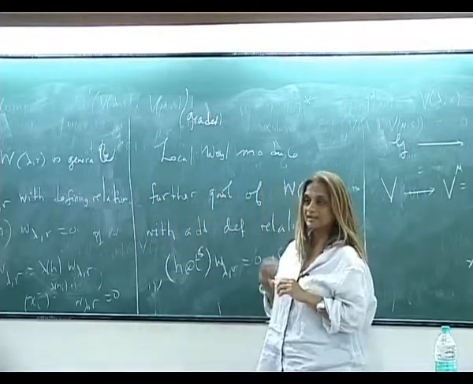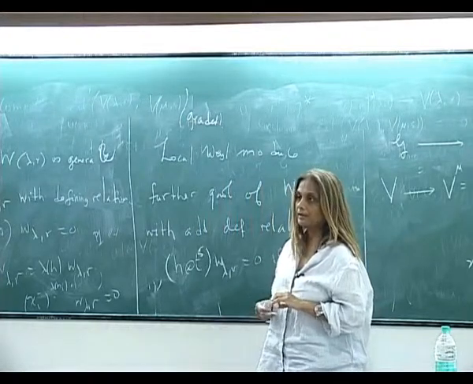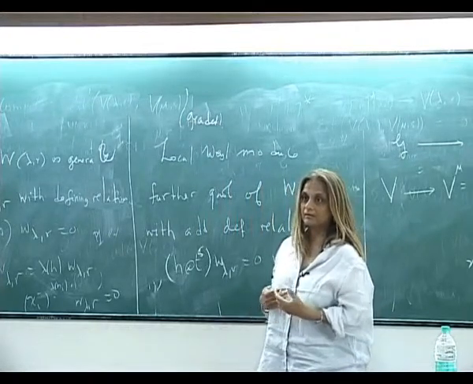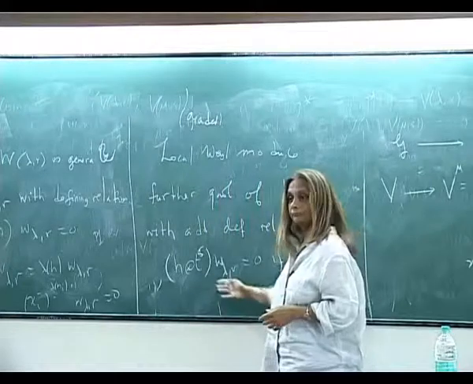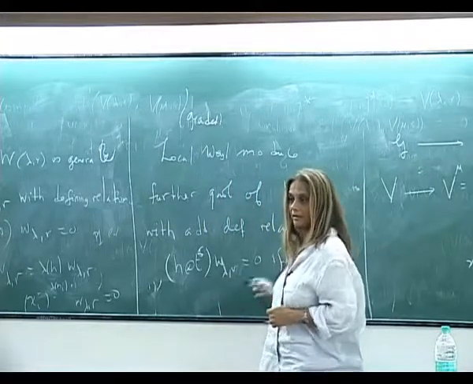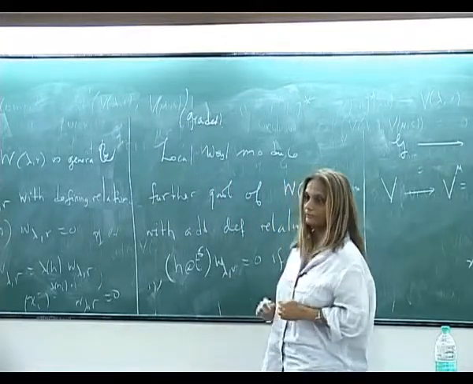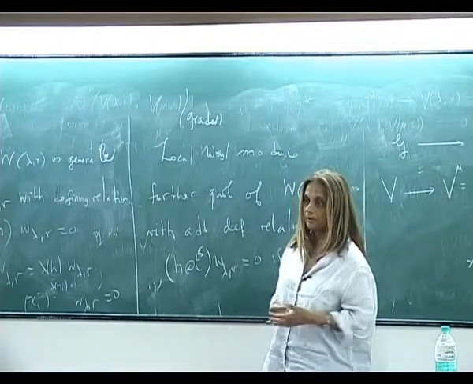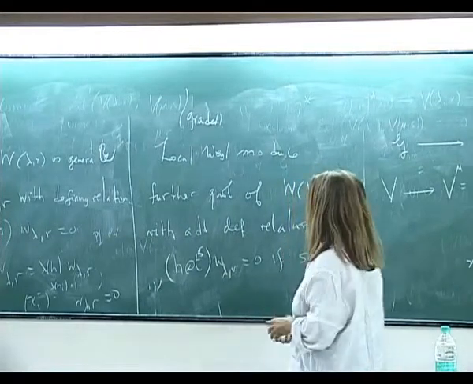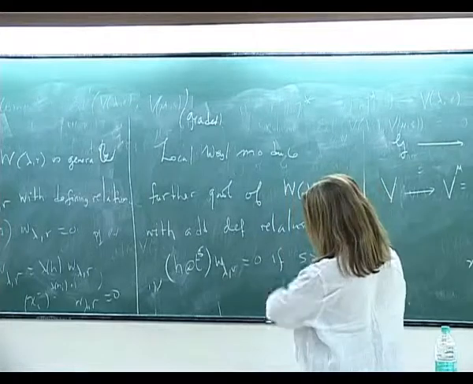Usually you wanted it to be a scalar, right? But now I want it to live in a graded category, and so the only graded thing that I can put it to is 0. I can't have a scalar, otherwise it won't be graded. Okay? So this is the definition of the local Weyl module.